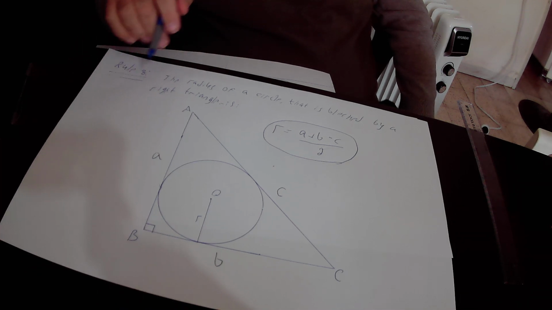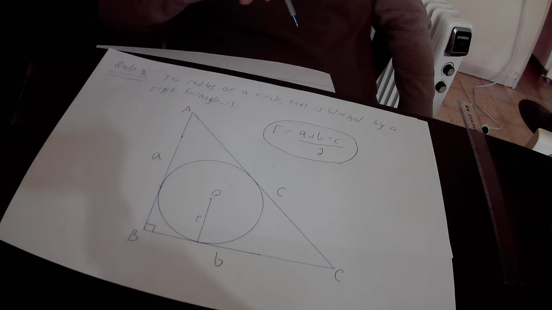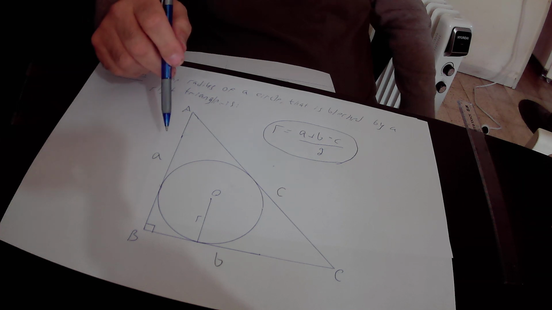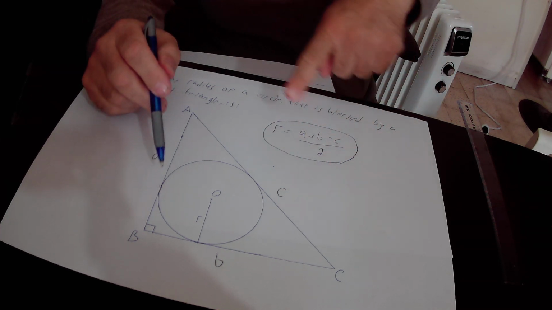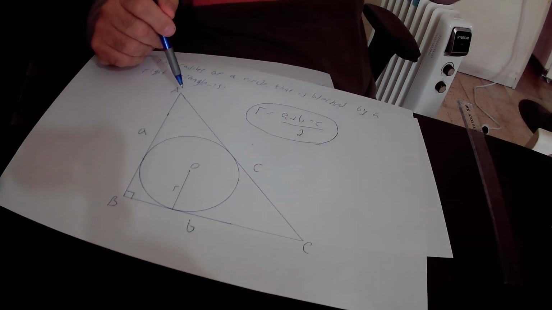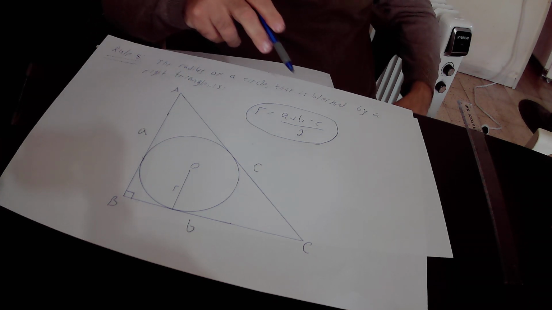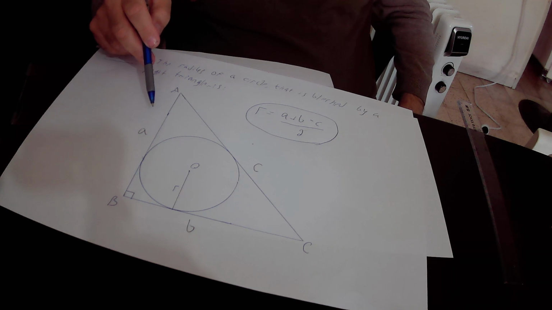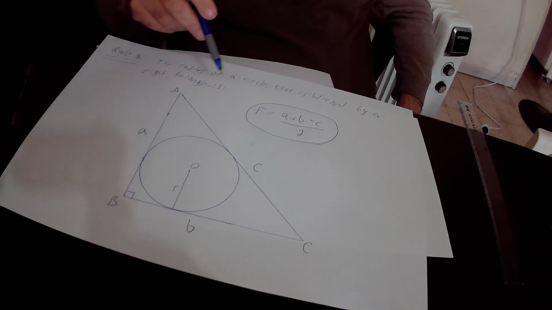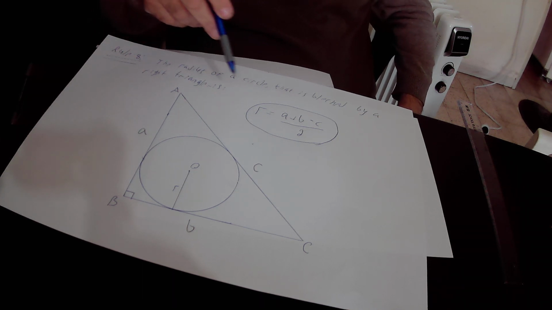In the right triangle ABC, angle ABC equals 90 degrees, side AB equals A units in its length, side BC equals B units in its length, the opposite AC equals C units in its length. So the radius of this circle equals A plus B, the sum of the lengths of the perpendiculars, minus C, the length of the hypotenuse AC, over 2.